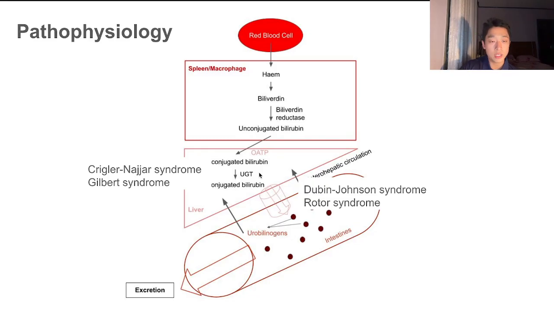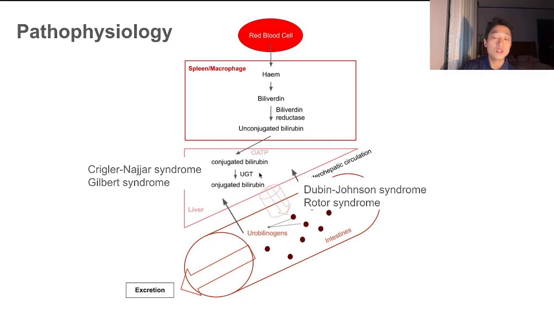To differentiate these, in Crigler-Najjar syndrome we will have a much more elevated level of indirect bilirubin, and in Gilbert syndrome we will have a more mild elevation of the indirect bilirubin.